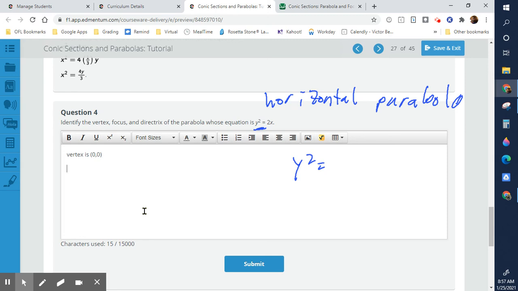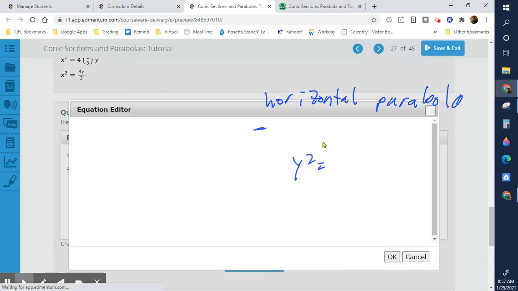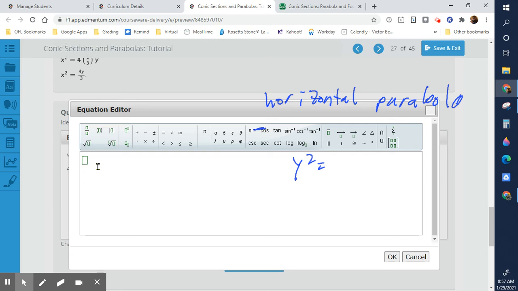We're going to say that 4p has to equal 2. Ergo, p is equal to 0.5. This is literally because I'm too lazy to do the fraction button. You know what, I'm just going to do it. There's no reason to be that lazy.